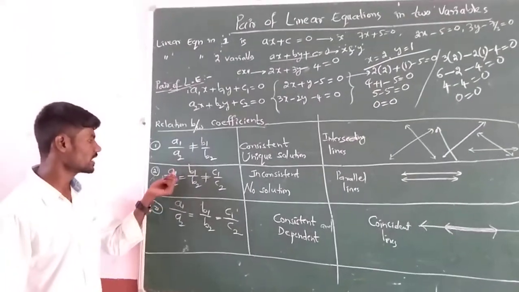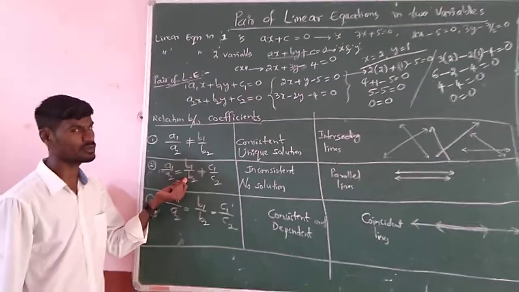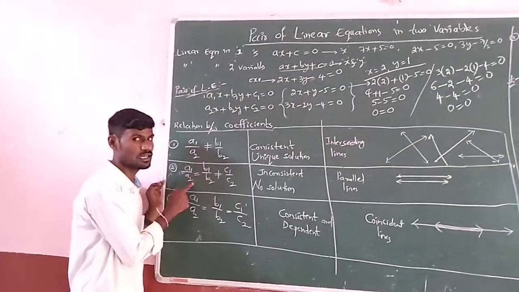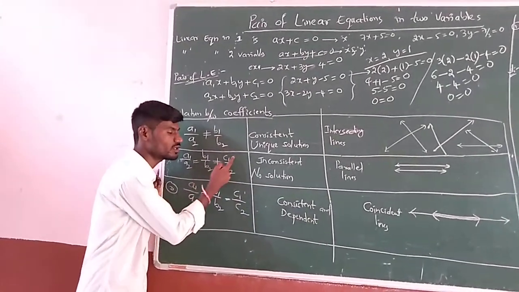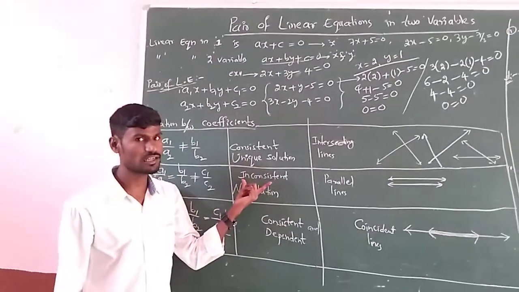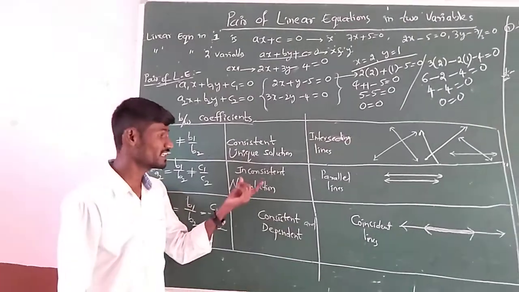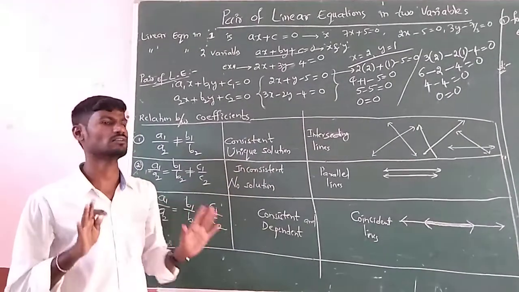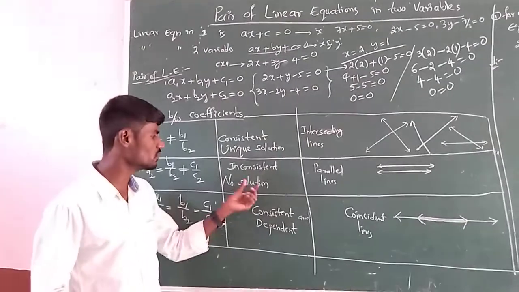Second condition, A1 by A2 equals B1 by B2, meaning x coefficient ratio and y coefficient ratio are equal, but not equal to the constant ratio. In that case, the pair of linear equations is said to be inconsistent, meaning there is no solution. Inconsistent, that's why no solution.